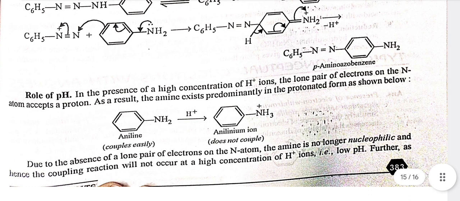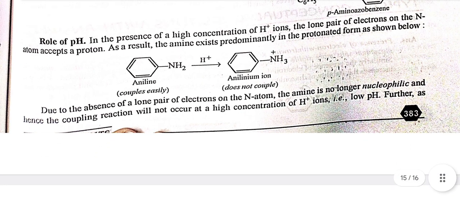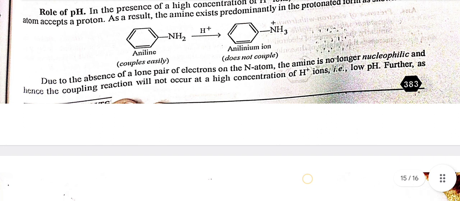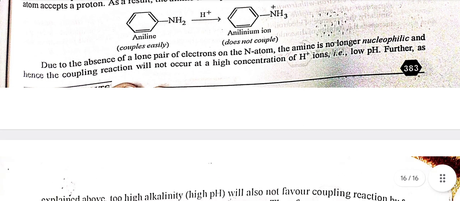Role of pH. In the presence of a high concentration of H+ ions, the lone pair of electrons on the N atom accepts a proton. As a result, the amine exists predominantly in the protonated form as shown below. Due to absence of lone pair of electrons on the N atom, the amine is no longer nucleophilic and hence the coupling reaction will not occur at a high concentration of H+ ions, that is, low pH.